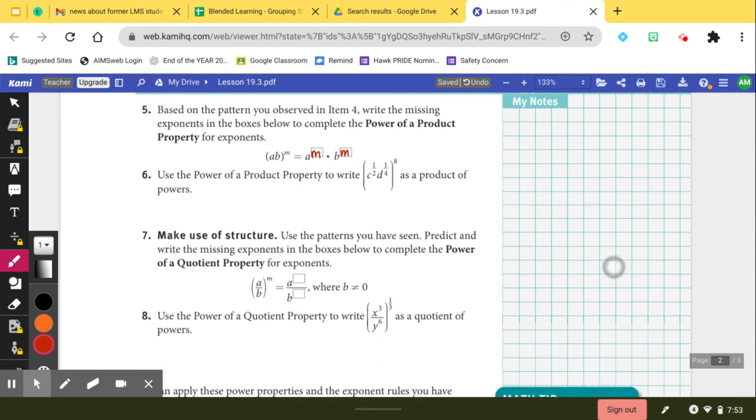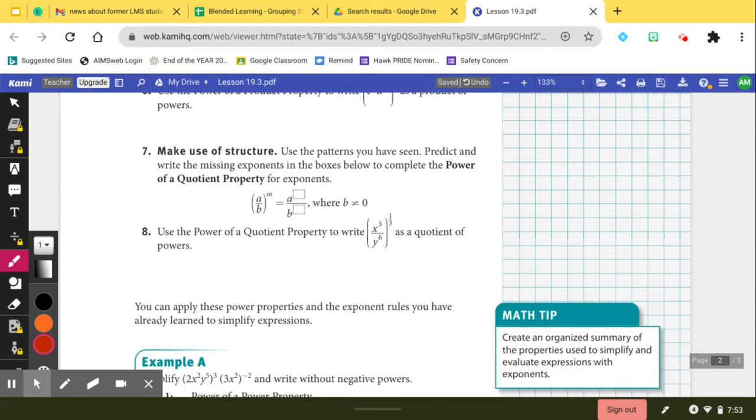And then I'm going to go down to number 7, where it says, use the patterns we have seen, predict and write the missing exponent in the boxes below to complete the power of a quotient property. Well, if we have a power to a product and each of those bases is getting attached with that exponent, it's actually the case that this also occurs. And we can see that.